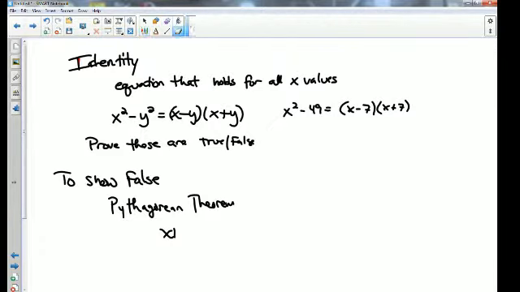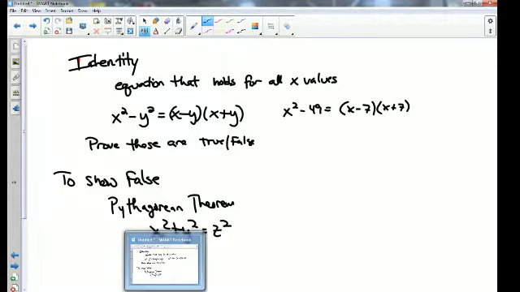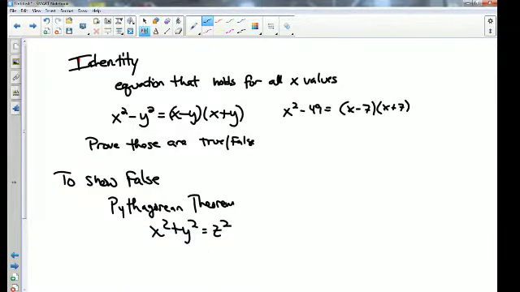Does that work for all values of x, y, and z? If I can plug any three numbers in there, does it work every time? No. You're right, the answer is no. How do you prove it?